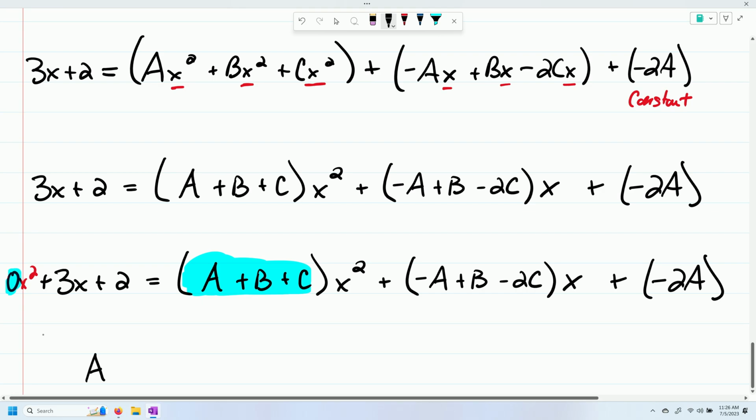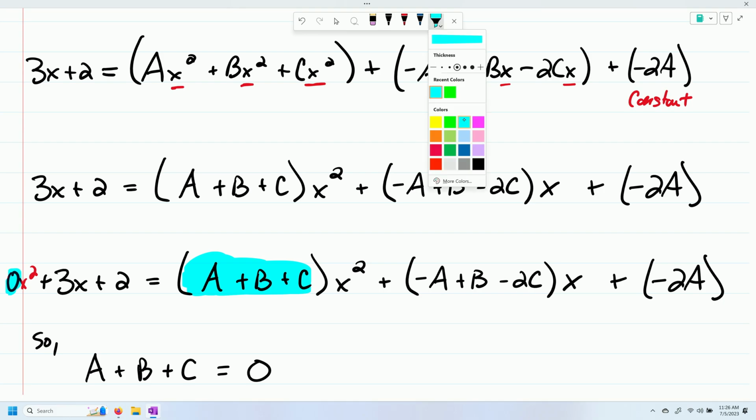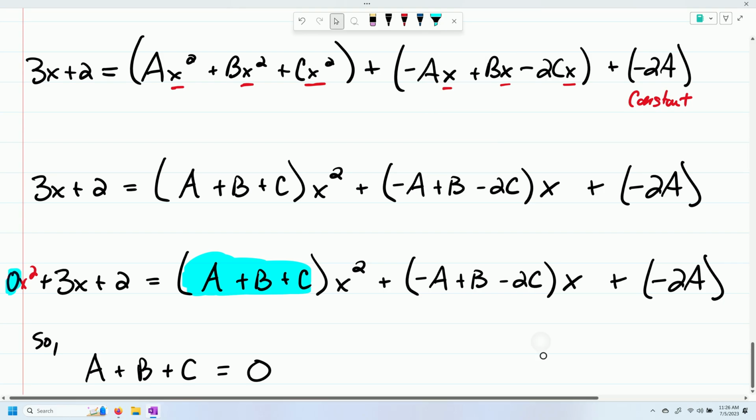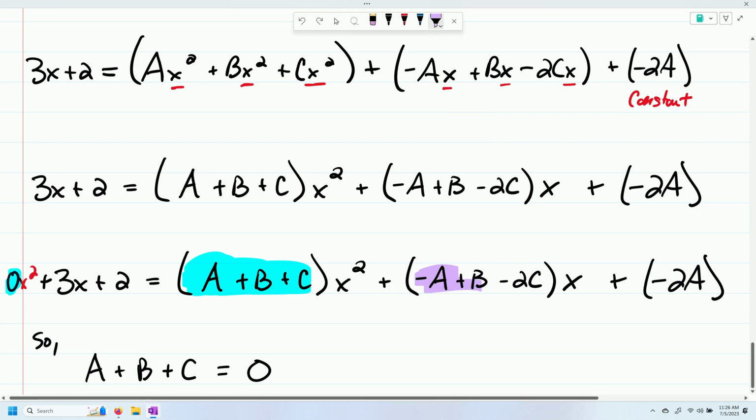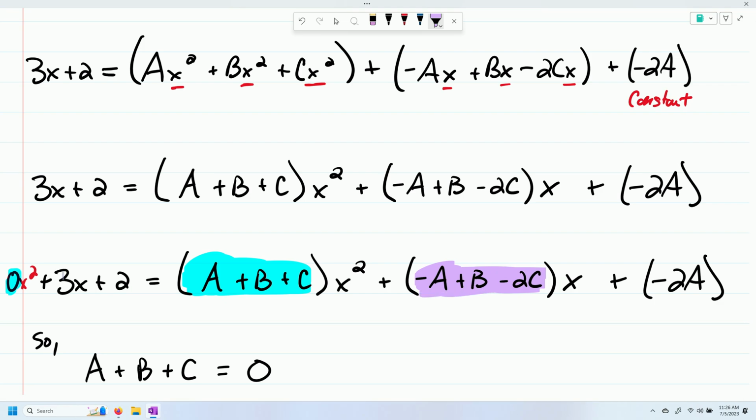So, a plus b plus c has to equal 0. Also, negative a plus b minus 2c has to equal positive 3. It just has to.